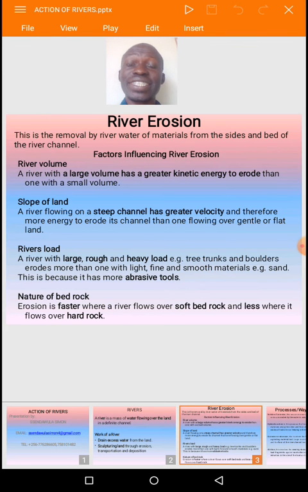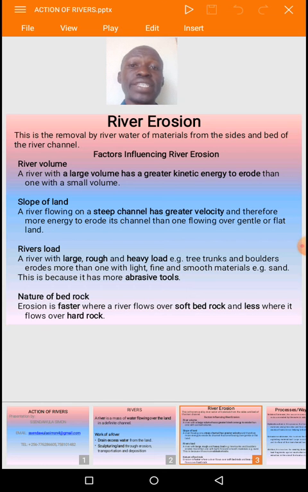So let's look at river erosion, how it happens. River erosion is the removal by river water of materials from the sides and the bed of the river valley. When we say sides, this is what we call the banks of the river. Then the bed, that is the bottom or inside of the channel of the river.